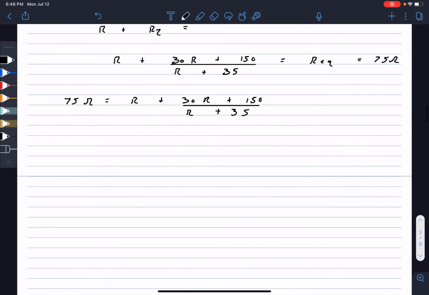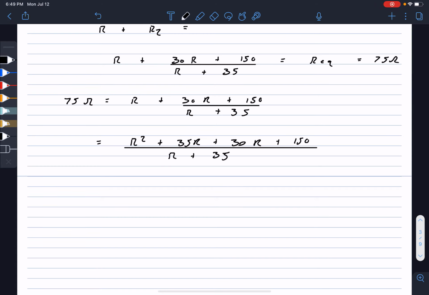Then we have R squared plus 35R plus 30R plus 150 over R plus 35.